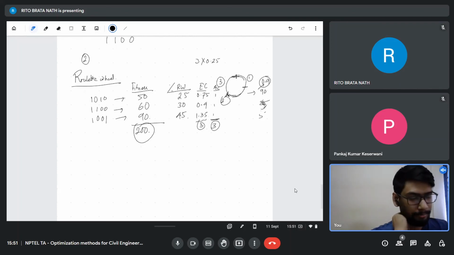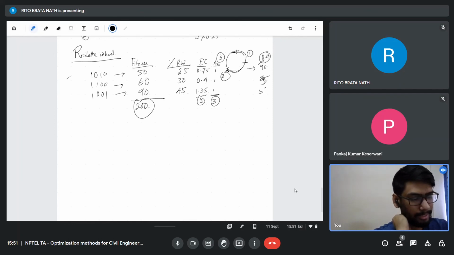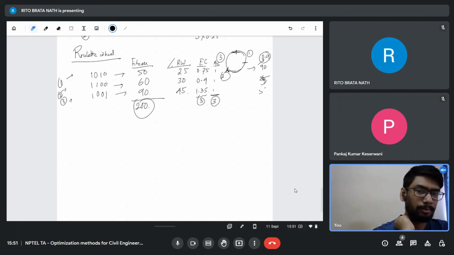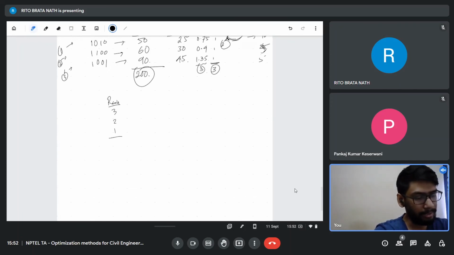others. But if you use the ranking system, probably this might be ranked as one, this might be ranked as two, and three, and so on. I think they provide this higher rank, this rank 3, to the one which has the highest fitness value, and then you put rank equals 3 to 1, and you add it up, that will be 6, and then you do this percentage.